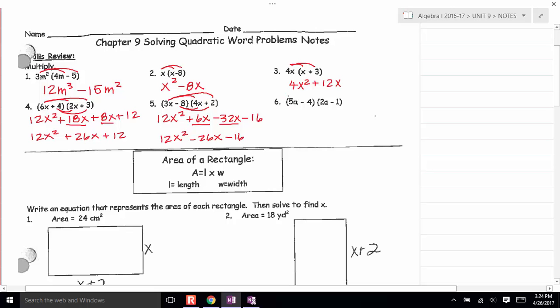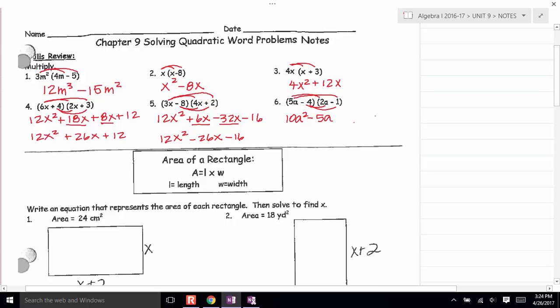And the last one here, number 6, binomial times binomial again. We're going to distribute the 5a to both the 2a and the minus 1. That's going to give us 10a squared. 5a times negative 1 is negative 5a. Come back to the first binomial, and we're going to distribute this negative 4.